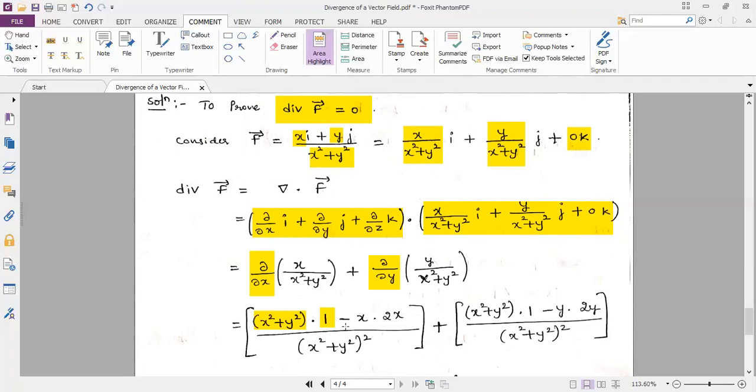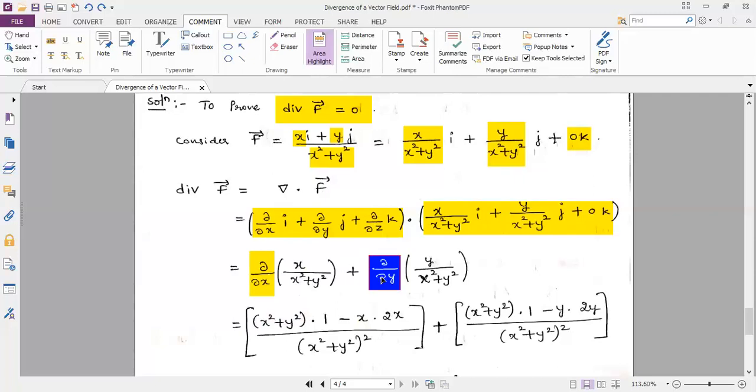Minus numerator u, write down as it is, into differentiation of v partially with respect to x, which is 2x. x² differentiation is 2x, and differentiation of y² with respect to x partially is 0, so we have only 2x. Divided by v², that is (x² + y²) the whole square.